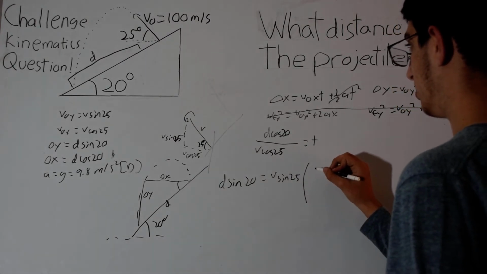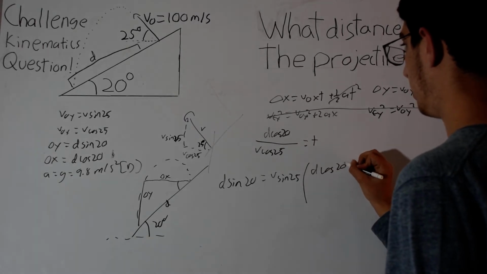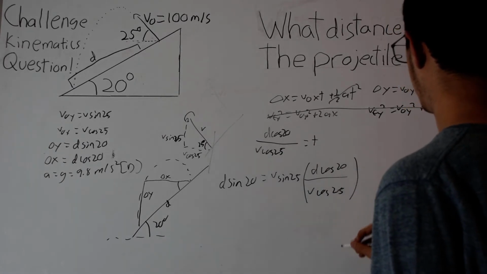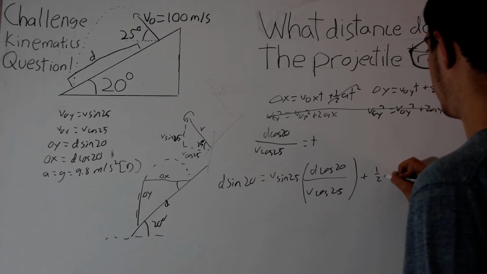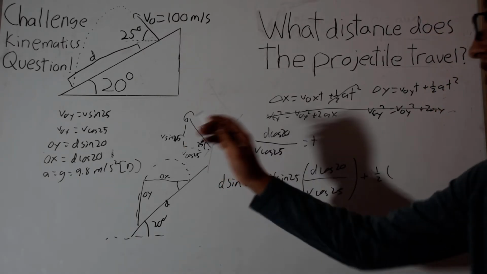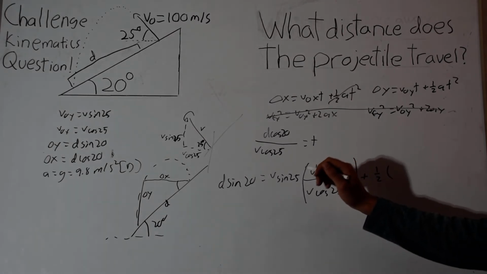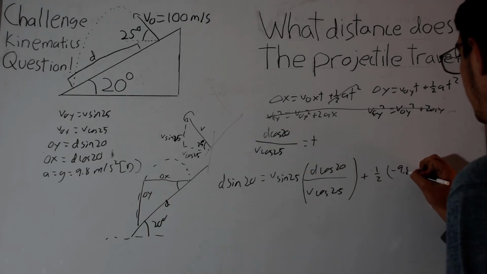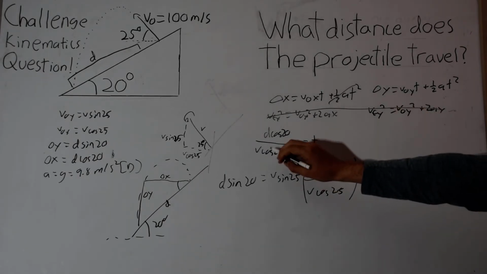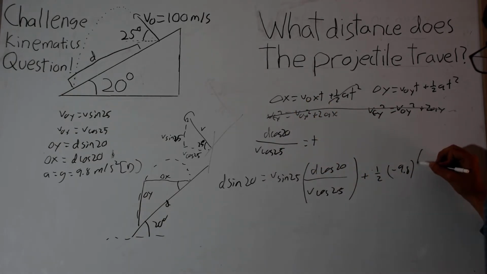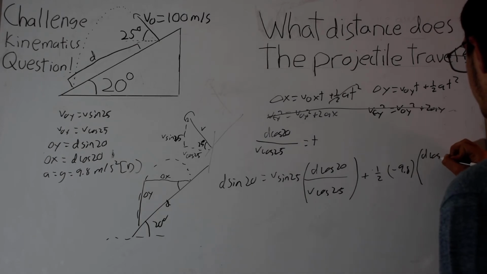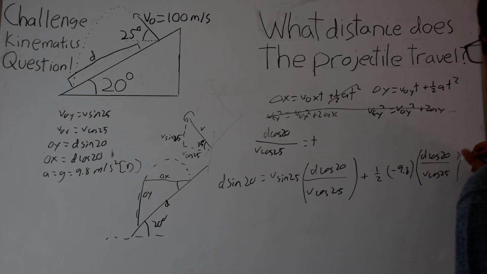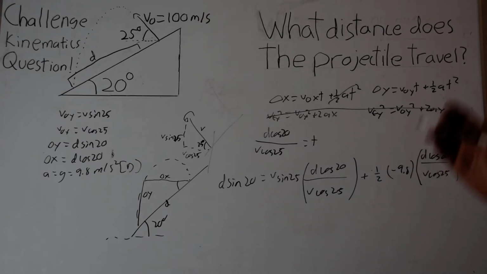I'll put it in parentheses so it's easier to see, which is d cosine 20 over v cosine 25, plus 1/2 times a, which keep in mind is negative 9.8 because this velocity is upwards and I wrote it as positive, so a has to be negative, minus 9.8 times t squared, and it's this whole quantity squared. So write it in parentheses, d cosine 20 over v cosine 25, squared. And now we have one equation with only one variable.